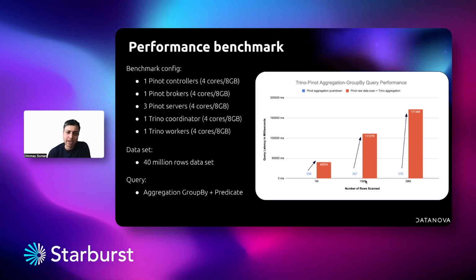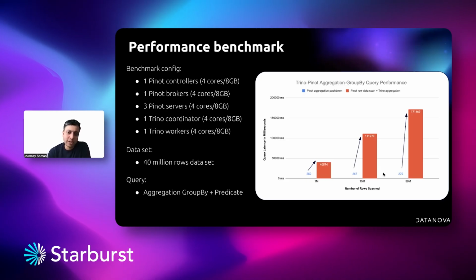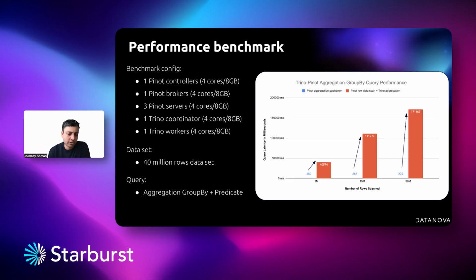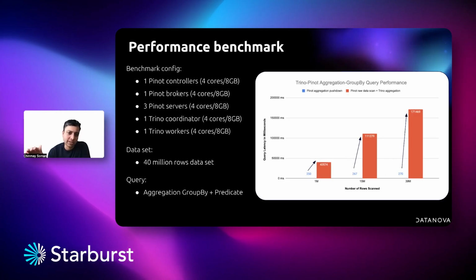As your selectivity becomes lower and lower, you need to scan a whole lot more data to execute the query. So between 1 million and 39 million, Trino has to scan way more records and do more work for running that query. And it's natural that the query latency just keeps on increasing.